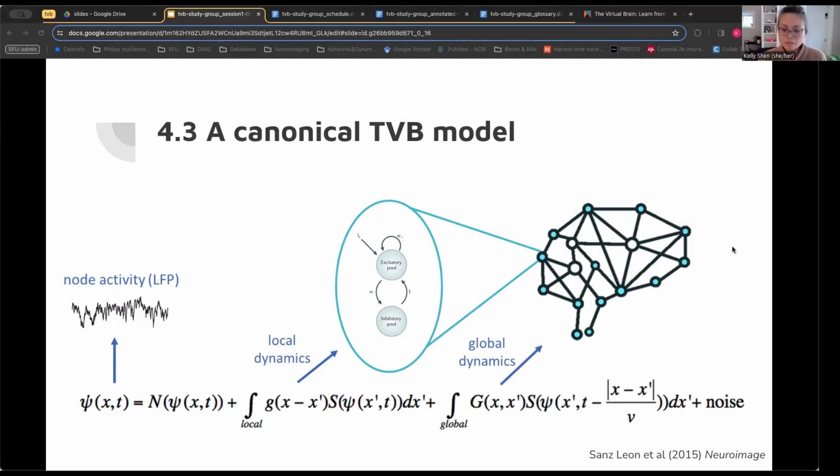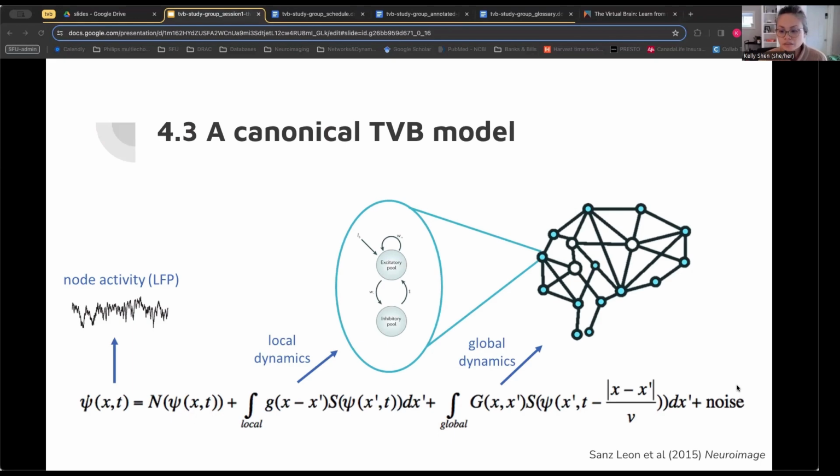And so this is probably the only piece of math in this whole presentation, and this is the generic TVB equation. What it essentially states is that we'll call this LFPs, or the node activity. So for any one of these nodes or regions, the activity of that region is expressed as the interactions between the local dynamics, so that local neural math model, and the global dynamics, so the larger connectome here.